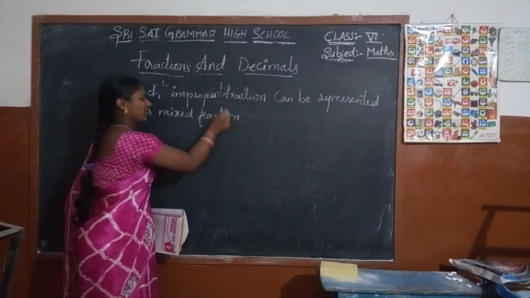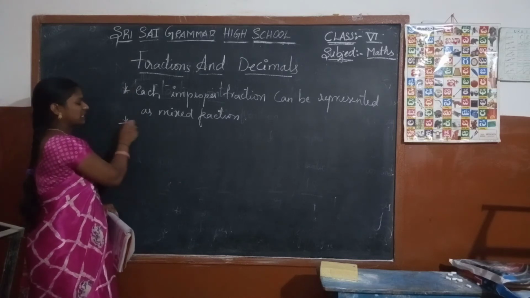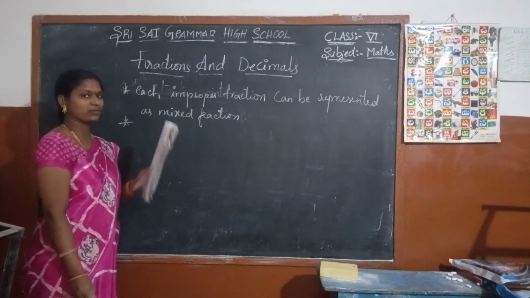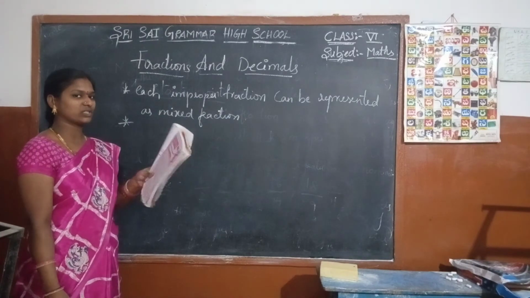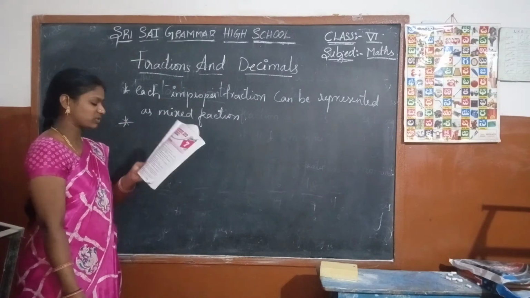This is one point. Improper fractions can be seen as mixed fractions, and mixed fractions can also be converted into improper fractions. I am going to explain that with examples also.